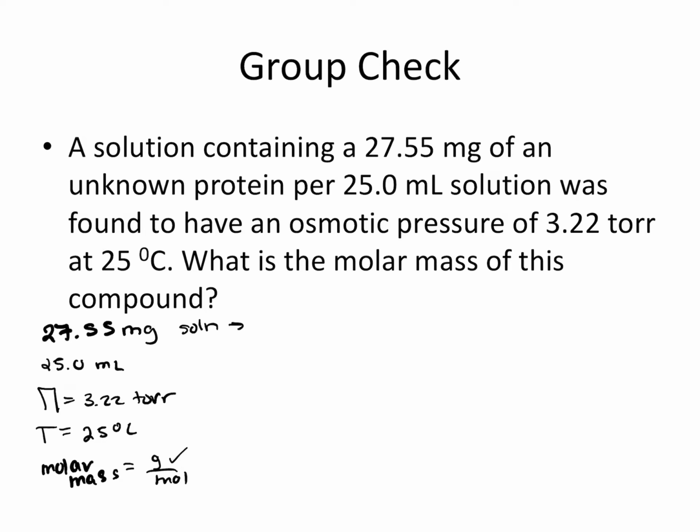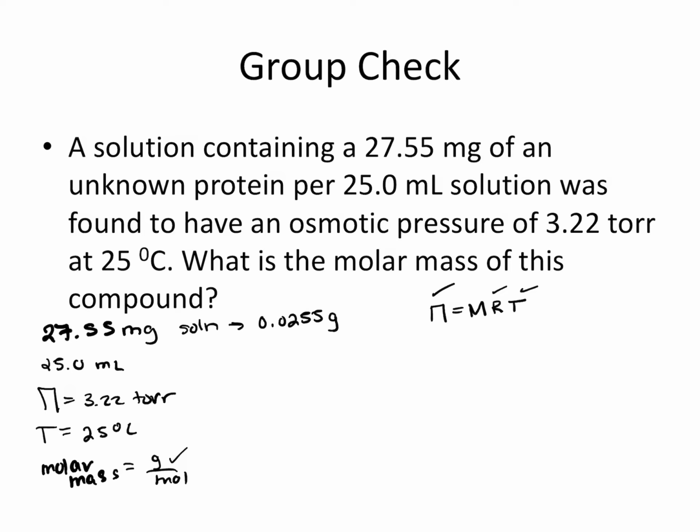Well, you have the grams part because you can convert milligrams to grams. There's 1,000 milligrams in a gram, so 27.55 divided by 1,000 is equal to 0.02755 grams. How can I find the moles? Well, I'm given my osmotic pressure. What is the definition of my osmotic pressure?